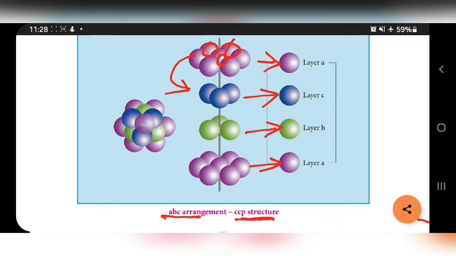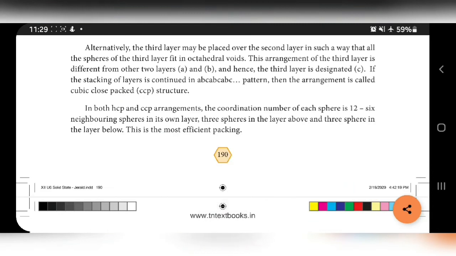If stacking of layers is continued, again you have to put the same A layer, and again B, again C. If the stacking of layers is continued in the ABC pattern, then the arrangement is called cubic close packed structure.